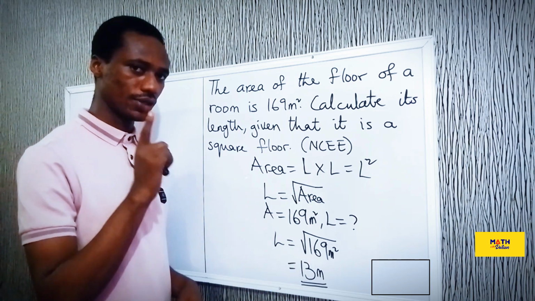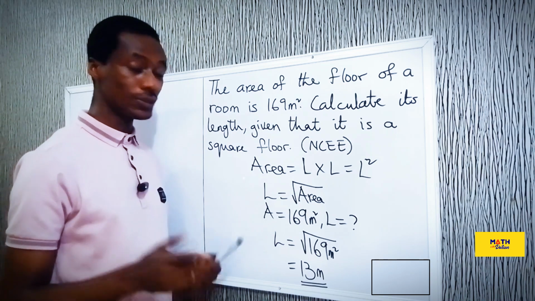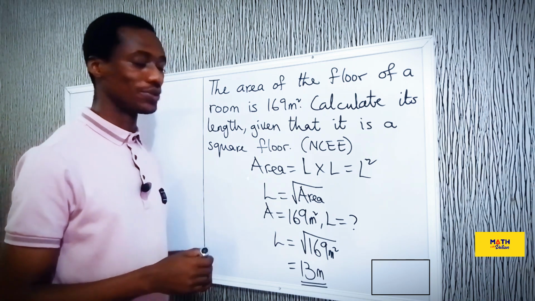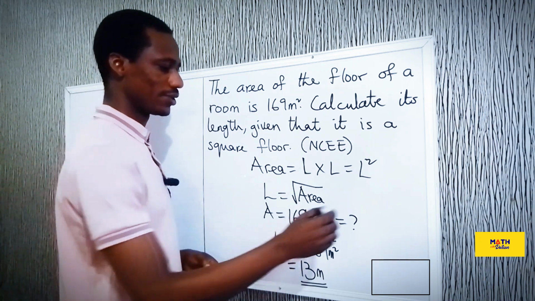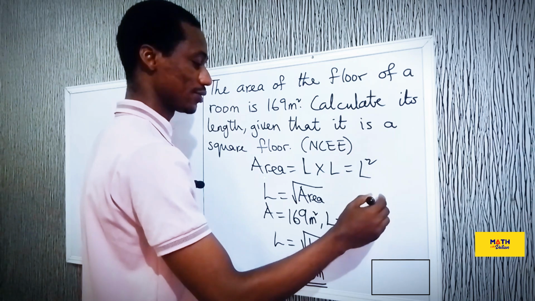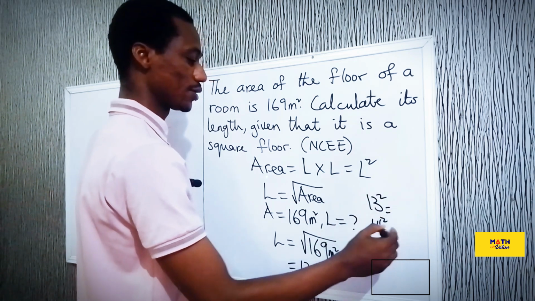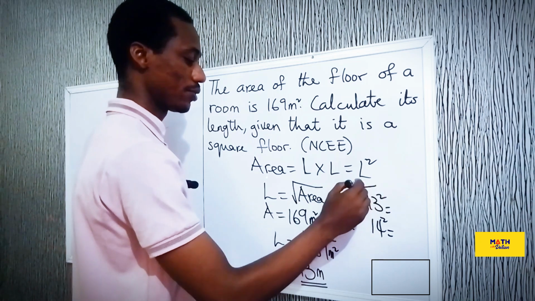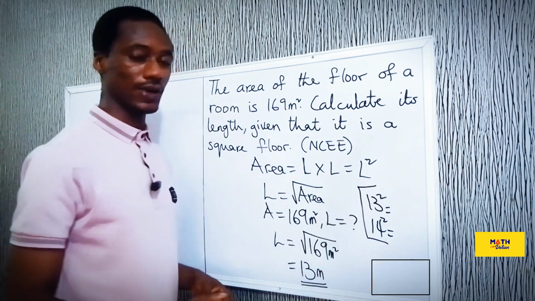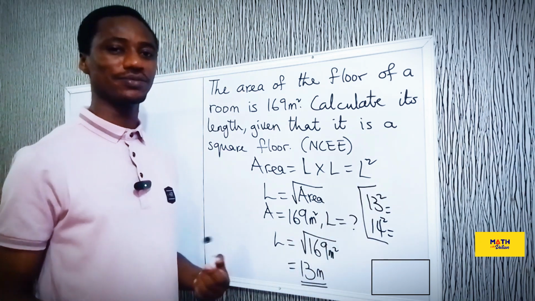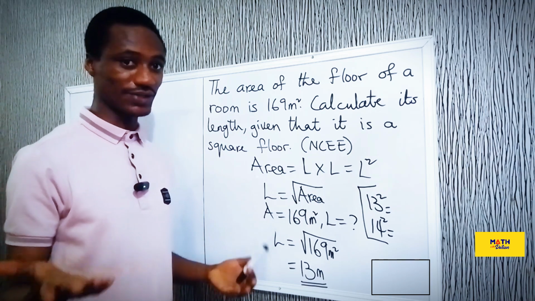Now this is a trick that can help you remember your squares and square roots, but it only works for 13 and 14 squared. These two squares are made up of the same set of digits.